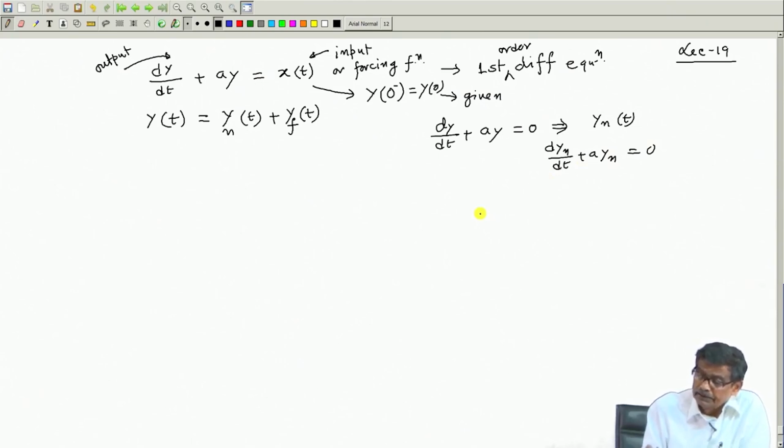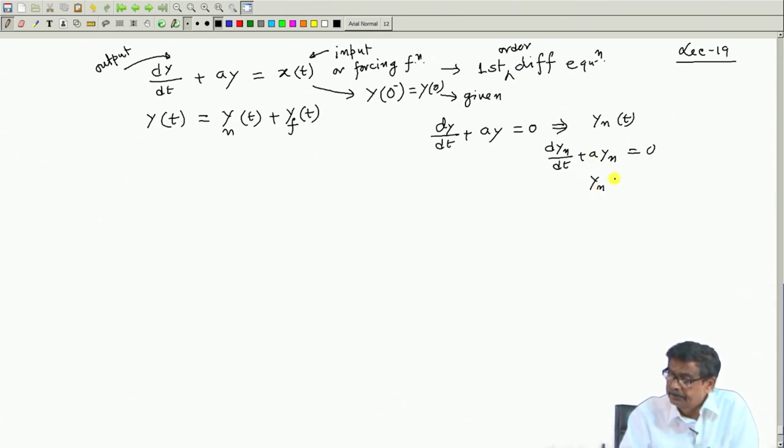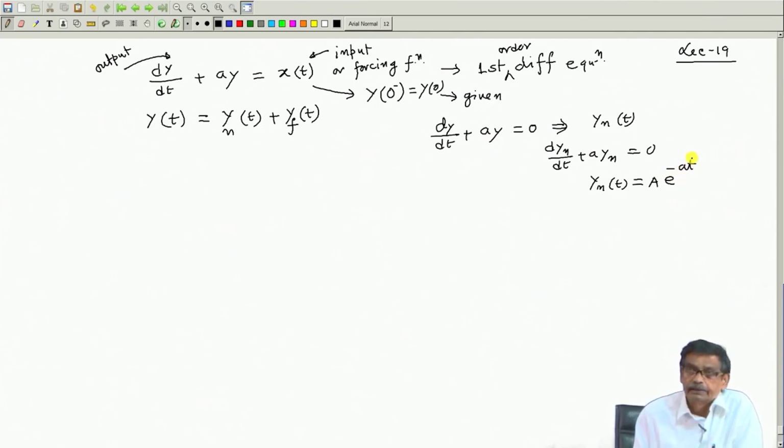And the solution of this one is y n t equal to some constant into e to the power minus a t.